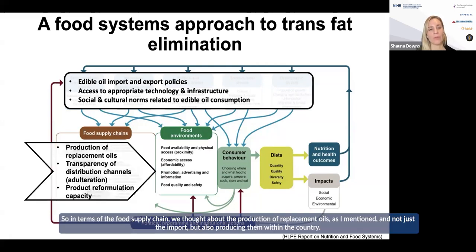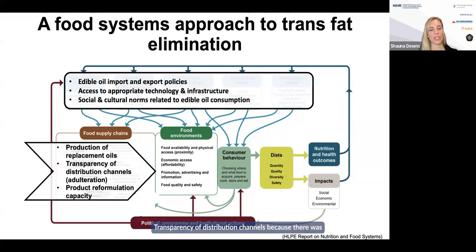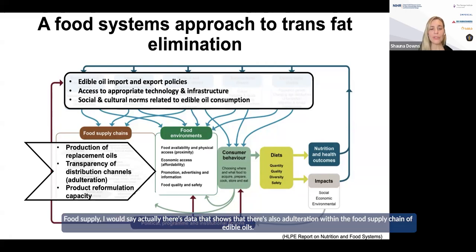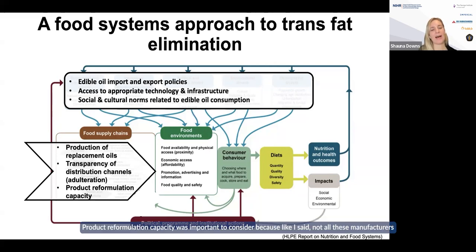So in terms of the food supply chain, we thought about the production of replacement oils, as I mentioned, and not just the import, but also producing them within the country. Transparency of distribution channels, because there was the potential for adulteration, and there's a conception that there is adulteration within the food supply. I would say actually there's data that shows that there's also adulteration within the food supply chain of edible oils.